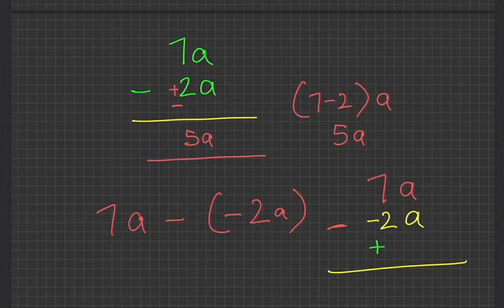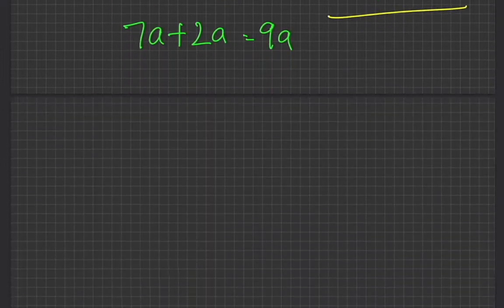So it becomes plus positive 2a. Now 7a plus 2a will be 9a. So we just have to interchange the sign of the subtrahend. That's the only thing that is different from addition of like terms, right?